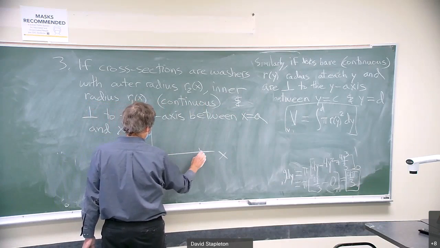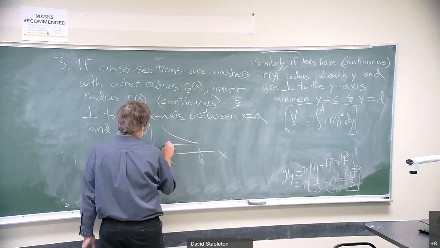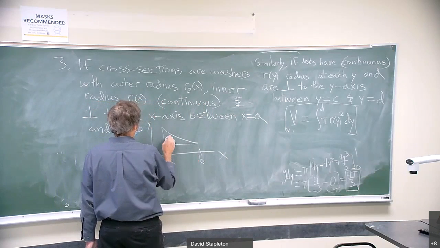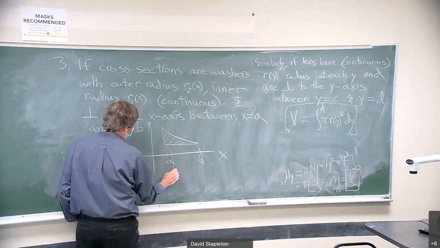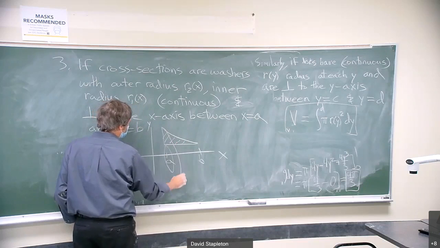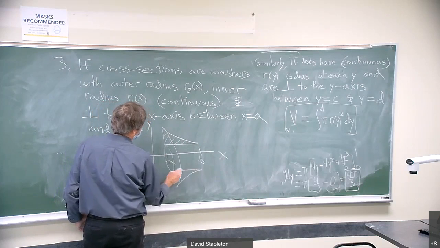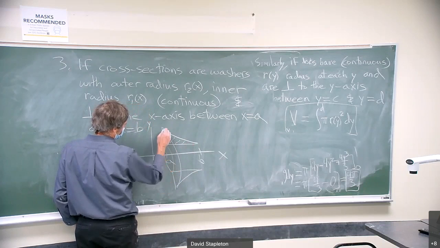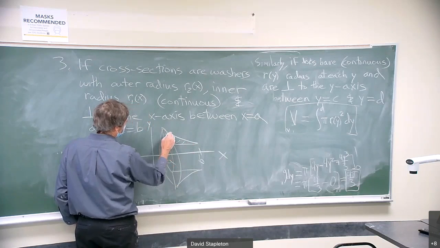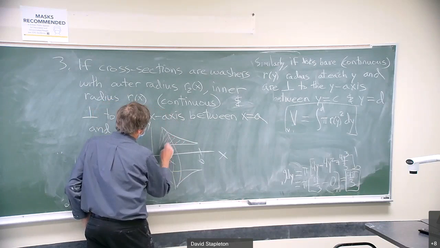Suppose I take from A to B a solid like this. Maybe I take a cross section that looks like this, and I revolve this around the x-axis, so there's a hole in the middle. Maybe it's a piece of a rocket or something. But the idea is I take this plane region and I revolve it around the x-axis. Each cross section is a washer instead of a disc.